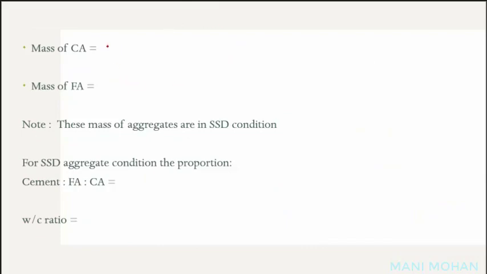What will be the mass? Mass will be the density of coarse aggregate into volume of coarse aggregate. So I need to know the density of coarse aggregate. What will be the density of coarse aggregate? It will be specific gravity of coarse aggregate into 1000. Okay. So in step 1, we had gathered the data regarding the specific gravity of coarse aggregate.